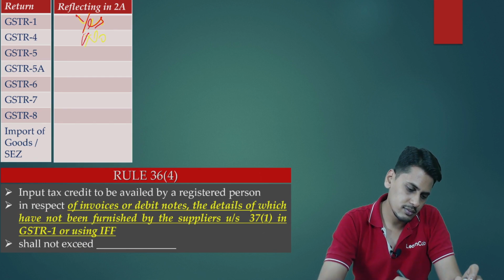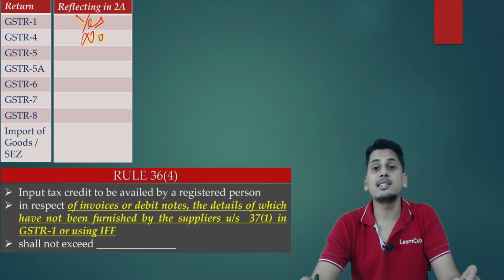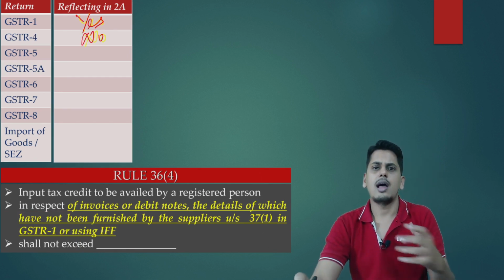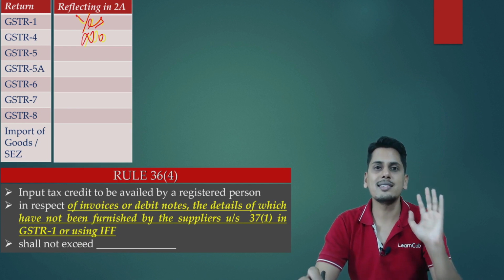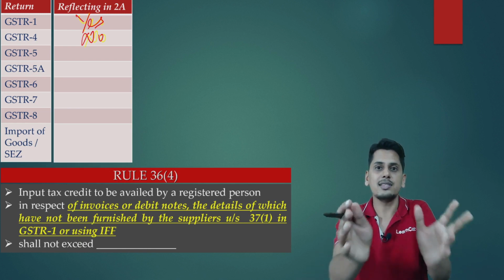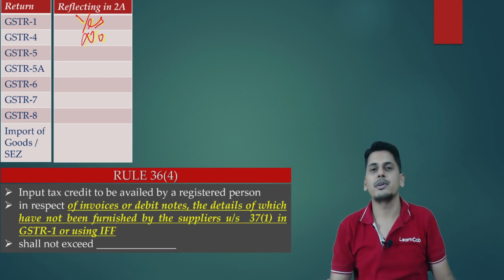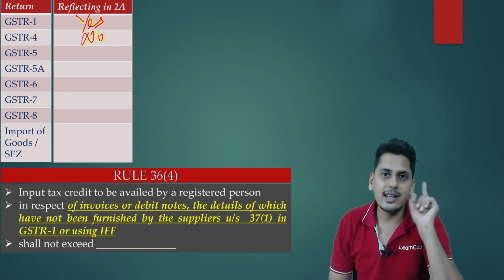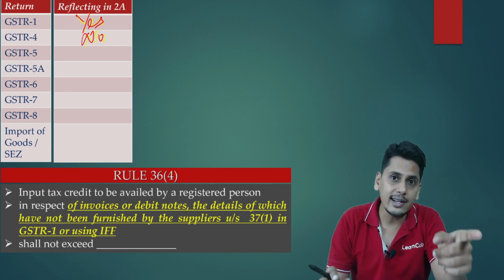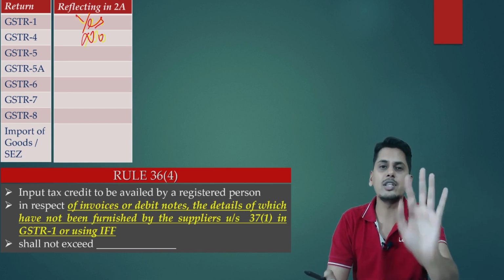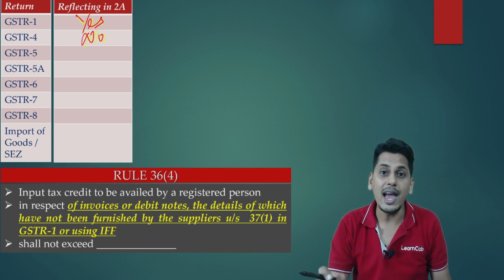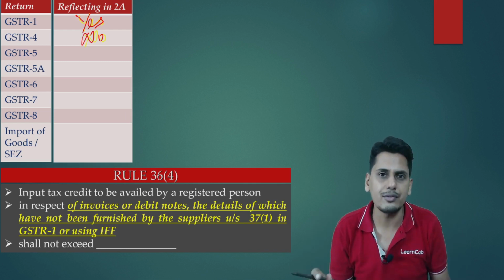GSTR-5. I am the recipient, you are a non-resident taxable person. I purchase goods from you. Am I entitled to credit? Friends, you as an NRTP are not entitled to credit, excepting IGST paid on import of goods. But am I entitled to credit when I purchase from you?